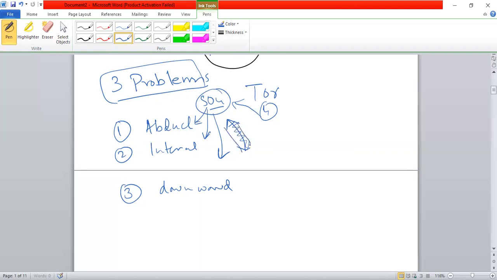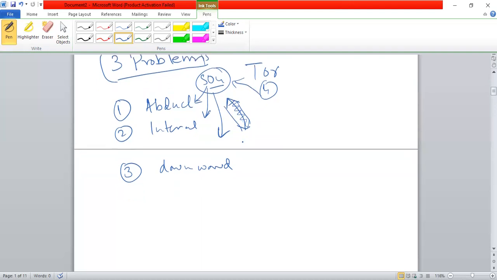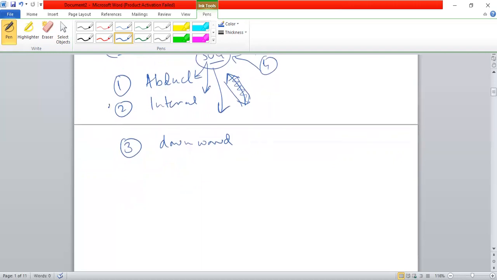I mean, which movement cannot be initiated without this specific muscle? Those are internal rotation plus downward rotation. These two are very specific for the superior oblique, but abduction is not so specific.